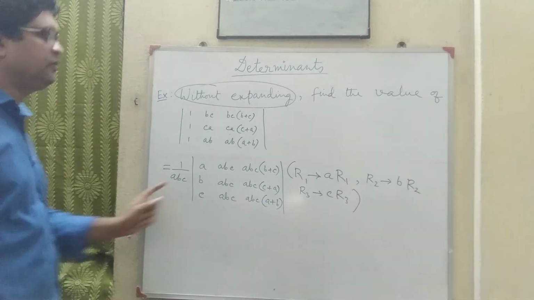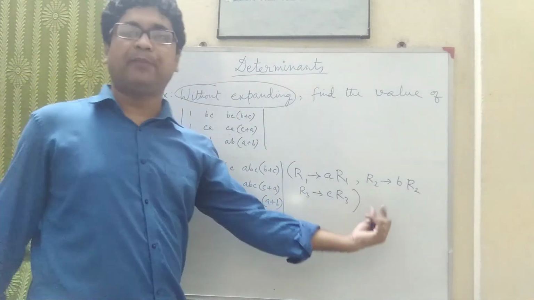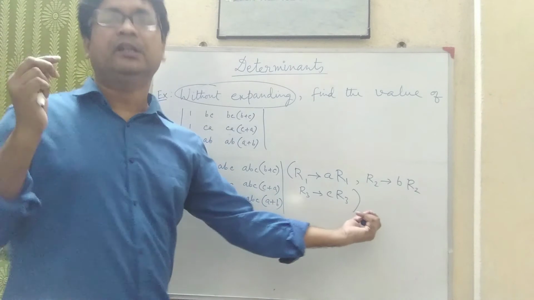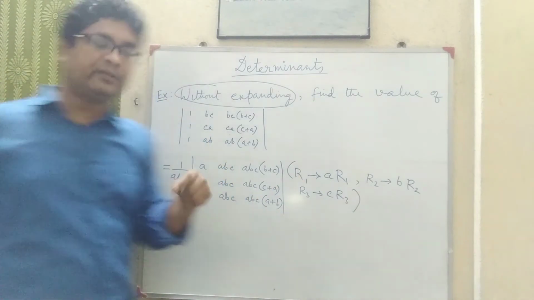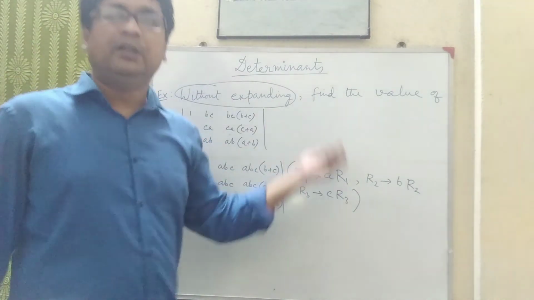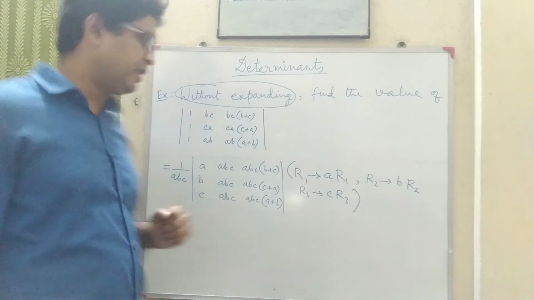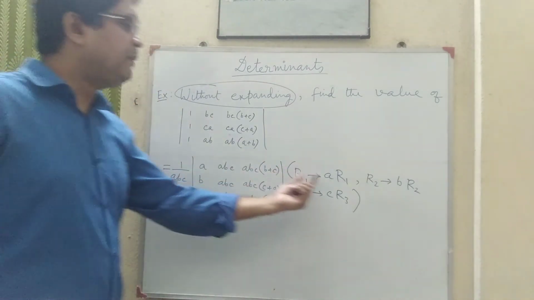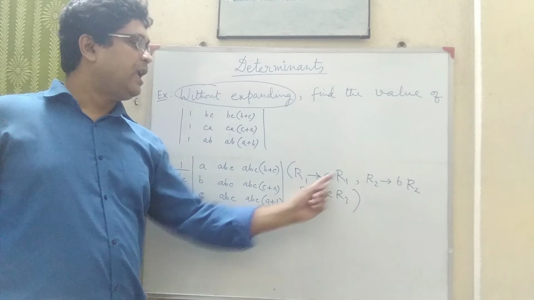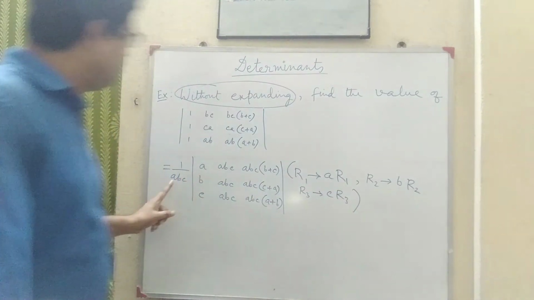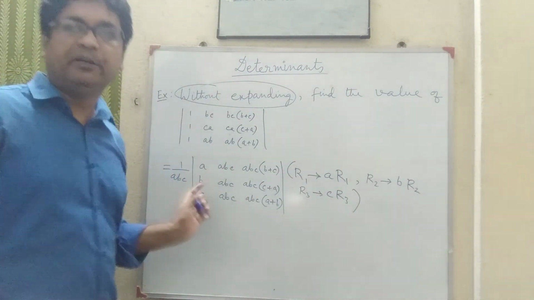So remember this, don't forget this. If you multiply some row or column by some constant, you also have to divide the determinant by that constant. As we have multiplied all three rows by A, B and C respectively, we also have to divide the whole determinant by ABC.